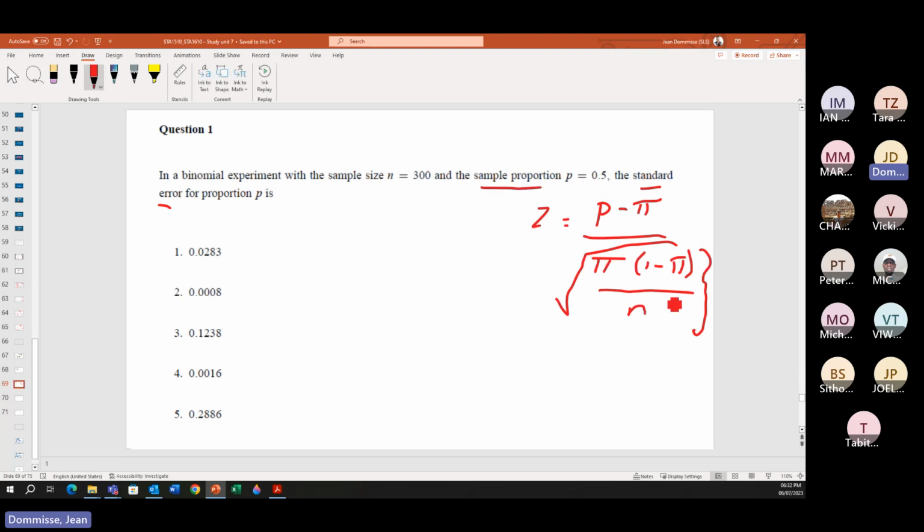So the only thing that changes in this is the standard error. So this is exactly the same that we would use because it is the standard error of a sample proportion. So we work with the p's. They tell us what that is. They tell us what n is. So we just substitute in the formula.